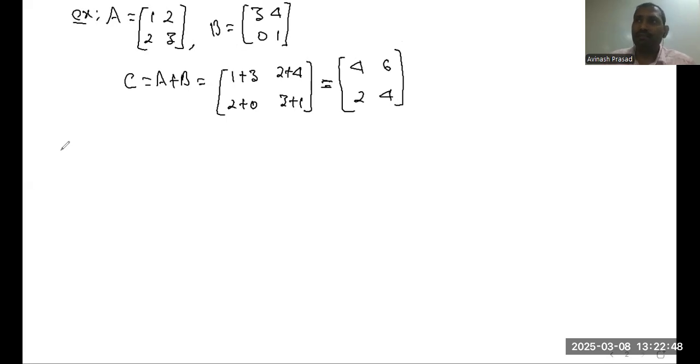Similarly, we can subtract matrices. So subtraction of matrices is also possible. Now, the second one is subtraction of matrices.